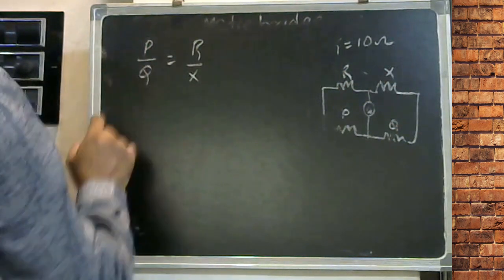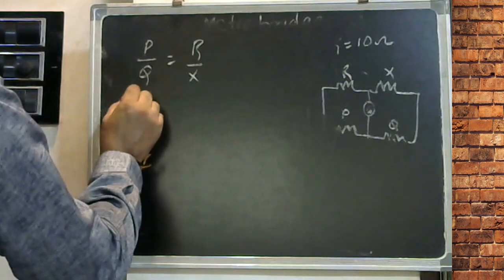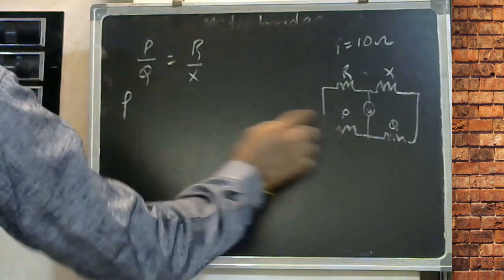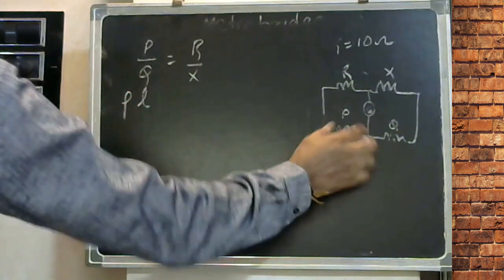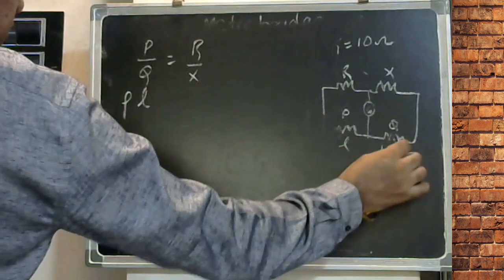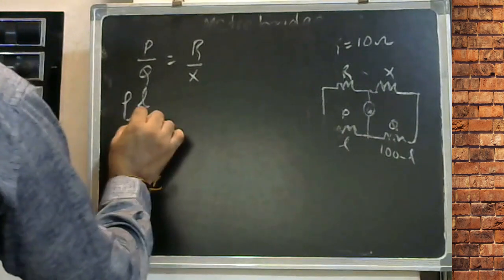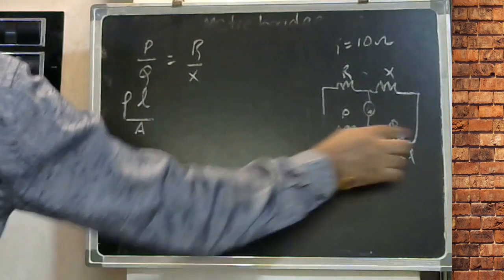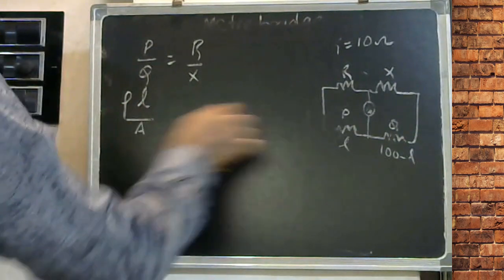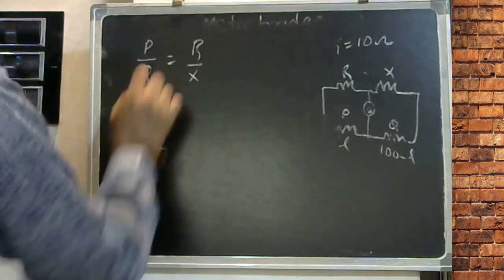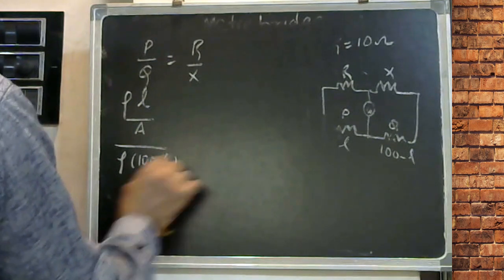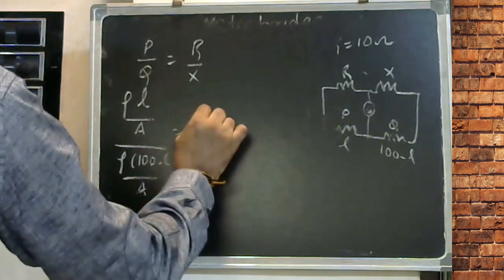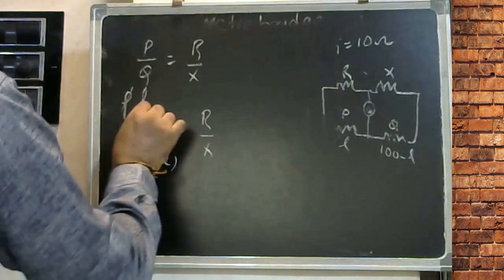But P is a resistance wire. The formula of resistance is rho L upon A. Rho is the resistivity of the wire, and it is the same wire, so rho will be rho only. L is the length I'm taking now, and A is the area of cross section, same wire. So rho and A are the same for the wire. Below, Q will be rho, but the length is 100 minus L upon A, equal to R by X. Rho A gets cancelled.